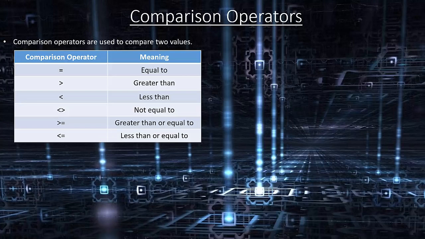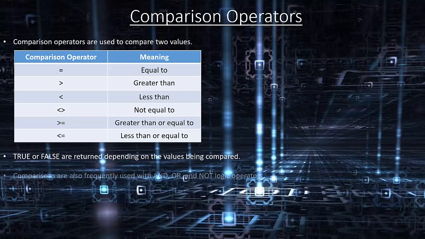Greater than is greater than. Less than is less than. Greater than and less than together is not equal to. Greater than or equals is greater than or equal to, and less than or equals is less than or equal to. The result is true or false depending on the values being compared. Comparisons are also frequently used with the and, or, and not logic operators.